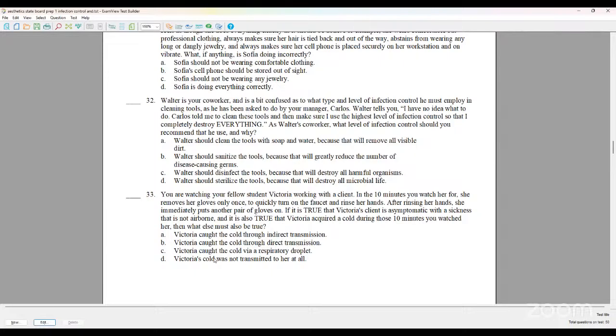And it says it's not airborne. She got the cold. The girl could have touched something: towels, cape, she's touching her face. From that face, Victoria could have touched something else, could have touched her own self. And so 33 is A, indirect transmission.